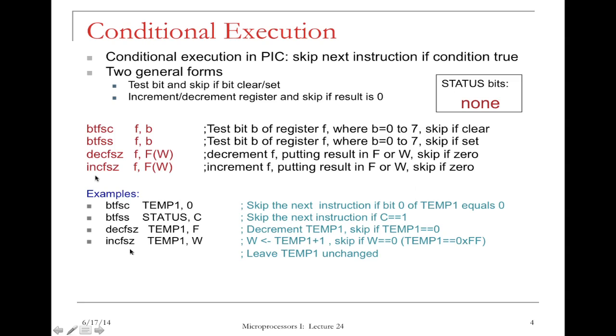We're gonna increment temp1 and put the value into the working register W, because I have a W here. And we're gonna check the result. If W is a 0, then we're gonna skip the next instruction. Note here, this temp1 is unchanged because of this W here. Even if you do the increment, the value will be put into the working register rather than back into temp1.